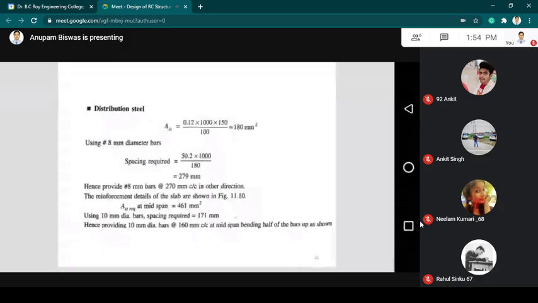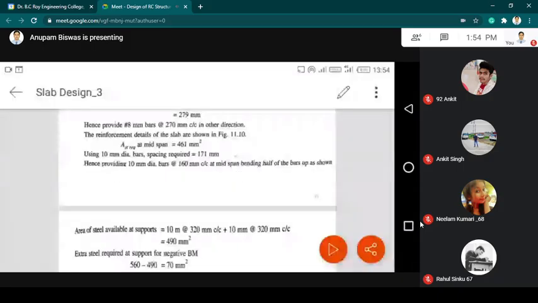In the figure, as you can see, the area of steel provided for the mid span portion is 461 mm², as per the equation for the positive bending moment.